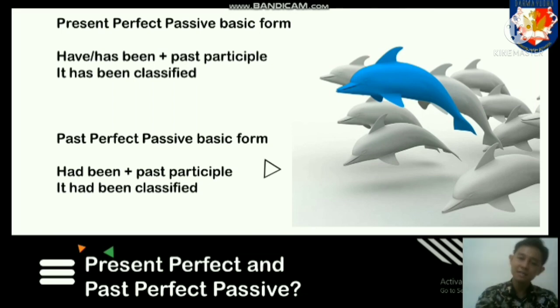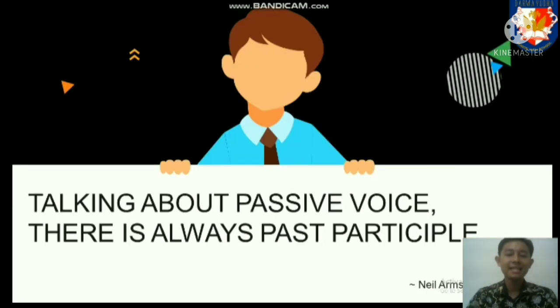You see, classified here is actually past participle or verb 3. And then like I said, guys, you need to keep this in mind. Talking about passive voice, there is always past participle to be added. Without past participle, it is not passive verb, trust me.